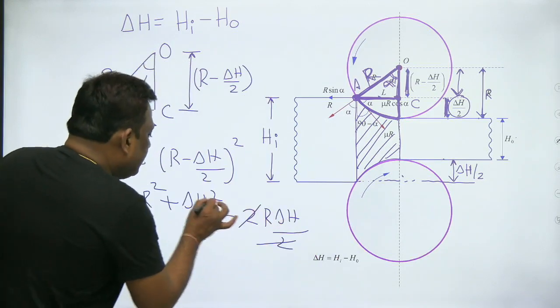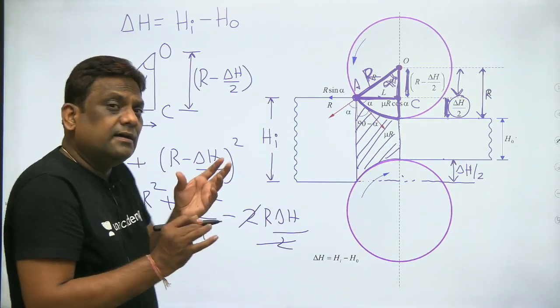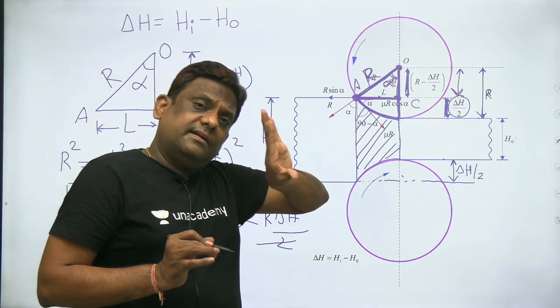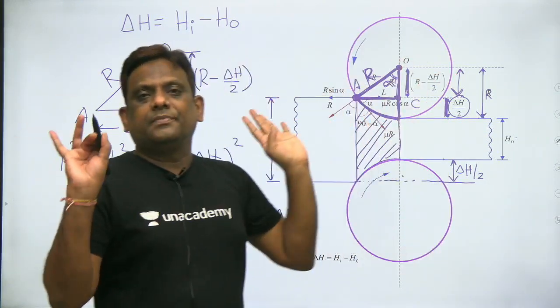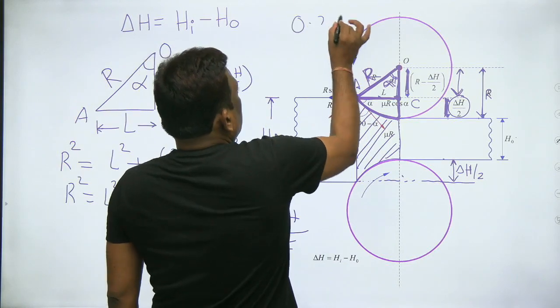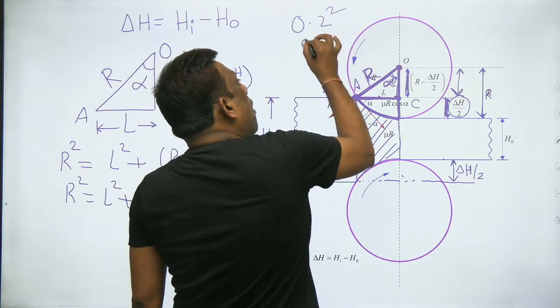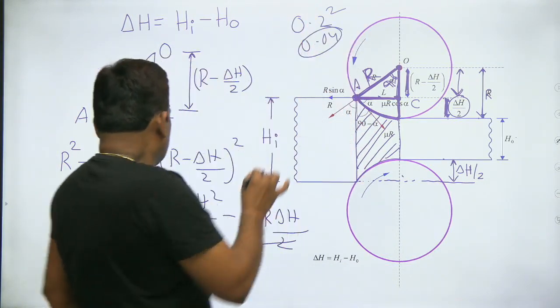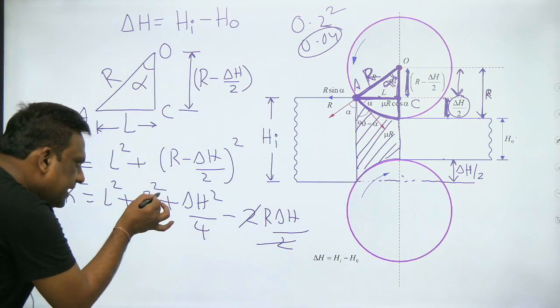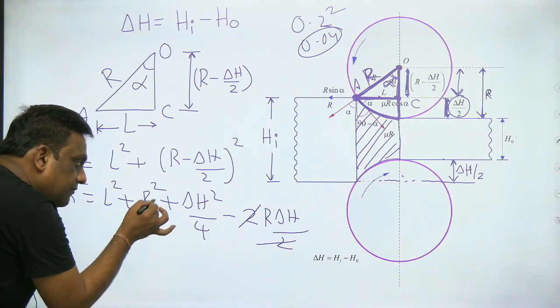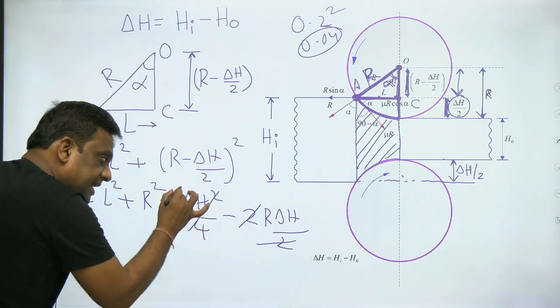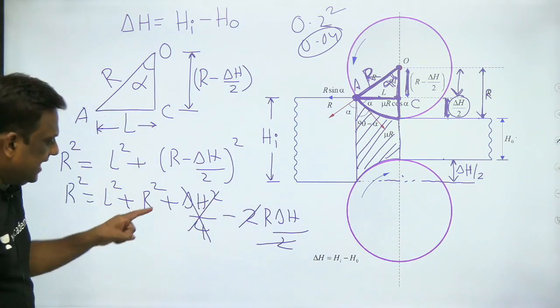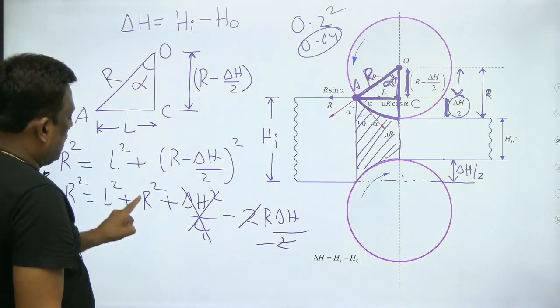This means delta H, the reduction in thickness, is much smaller, and its square is very small. You take something like 0.2, its square is 0.04 or smaller. So in comparison to R square, which is very large, delta H square is very small, so I can neglect it.